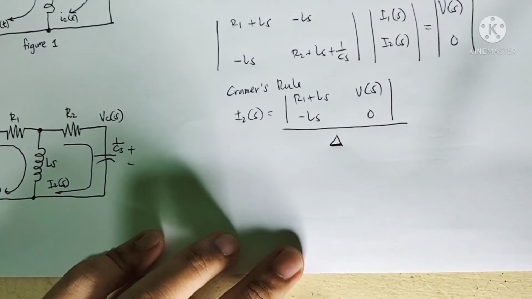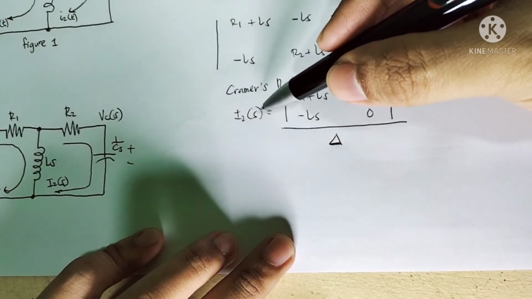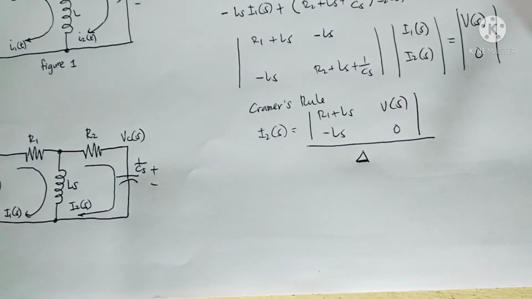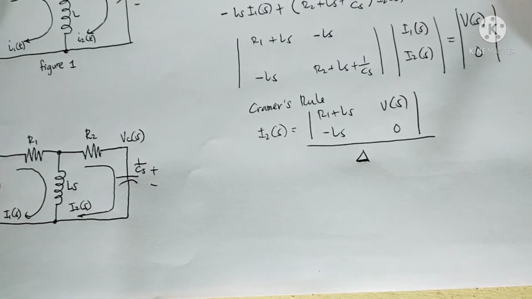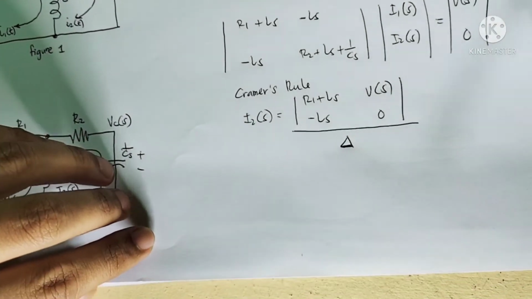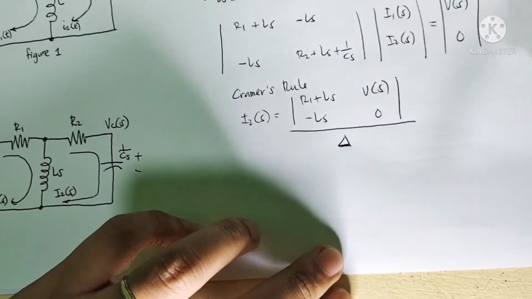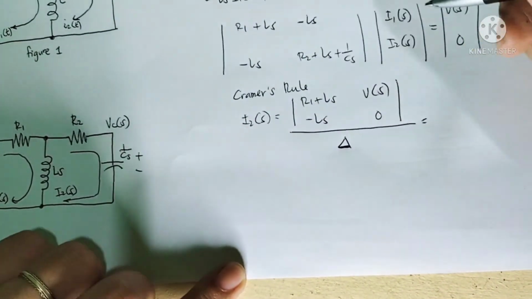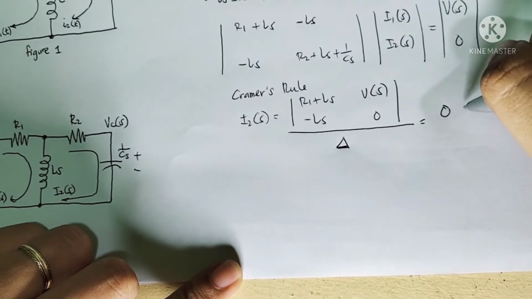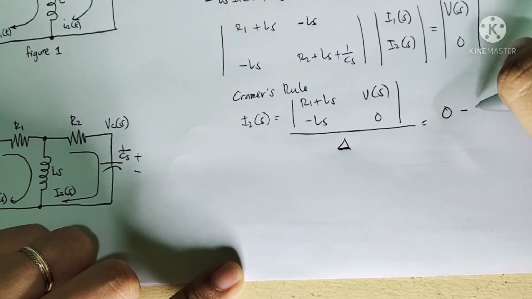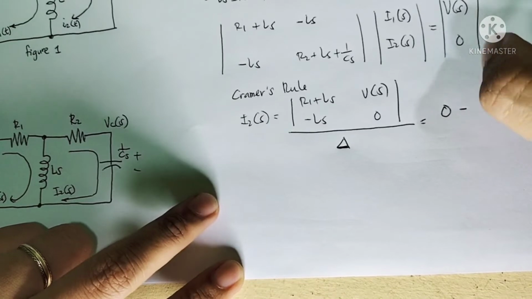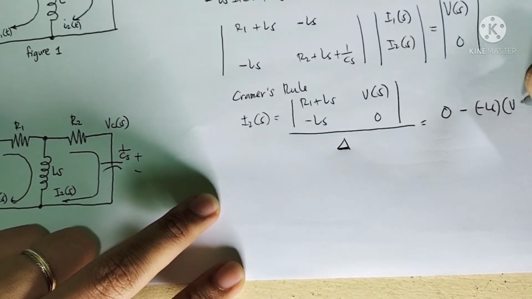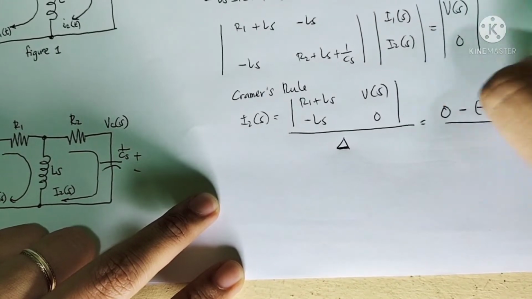So if this is I sub 2 as a function of s, we take R1 plus L sub s times 0, so this is 0 minus negative Ls times V as a function of s divided by the delta.